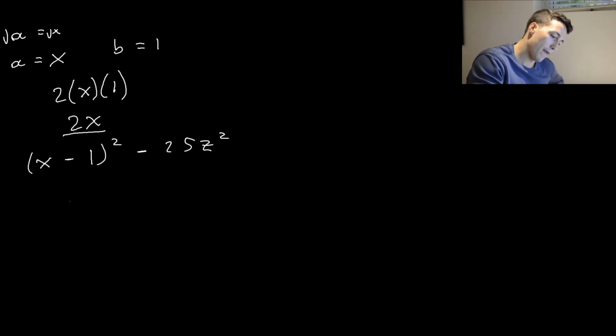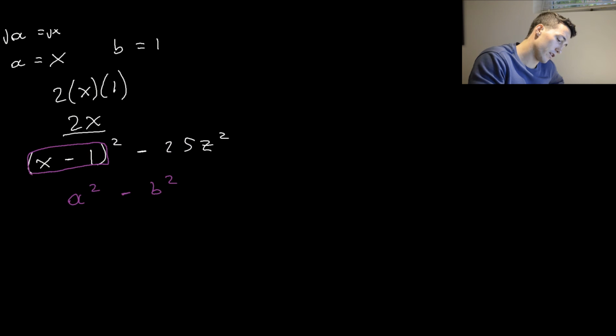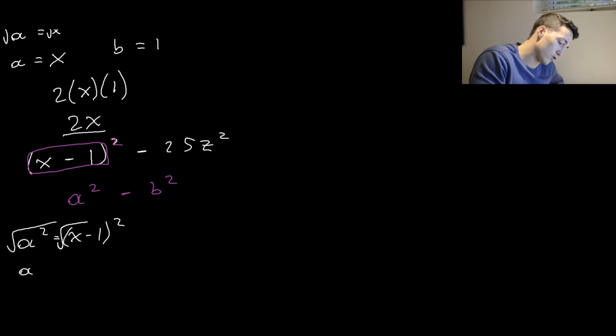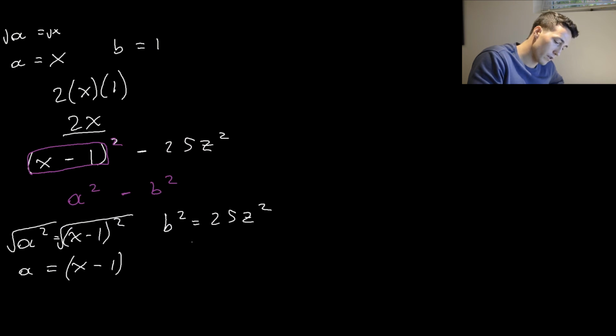And then here, if we look at this situation, I'm going to do it in purple, we have an a squared minus b squared. We're just going to take this whole x minus 1 to be our a term because it's squared. So if we do that, we're going to have our a squared is equal to x minus 1 squared, and if we square root both sides, a is equal to x minus 1, and then our b squared term is equal to 25z squared.